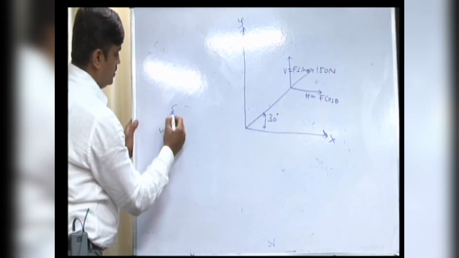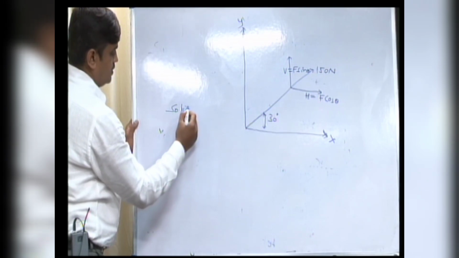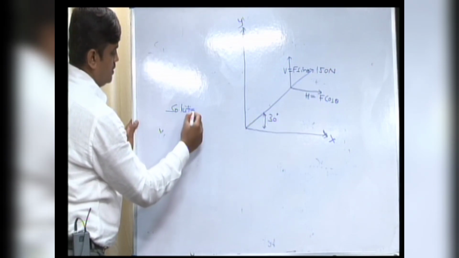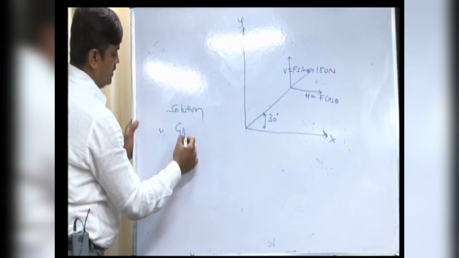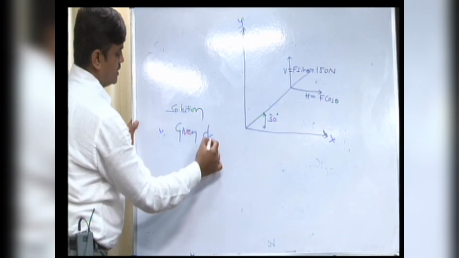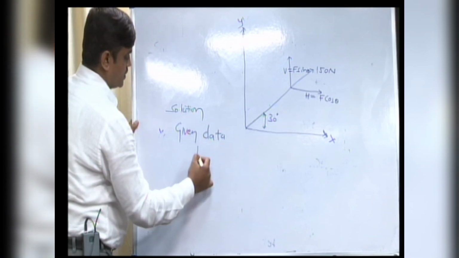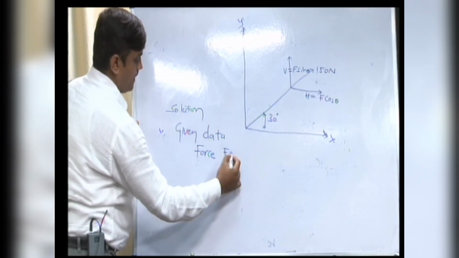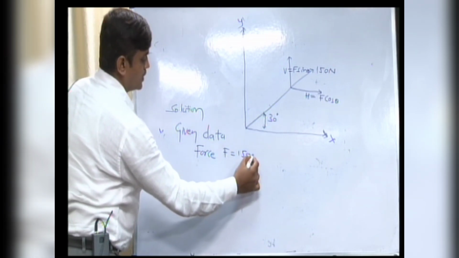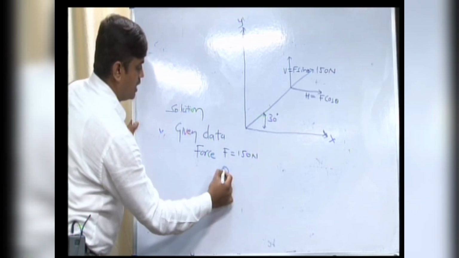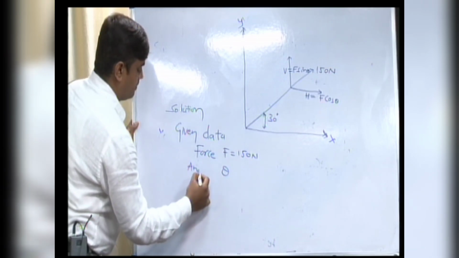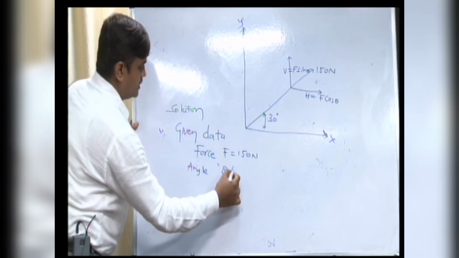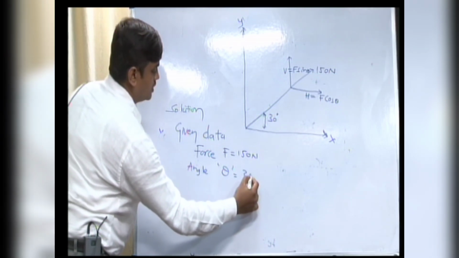Solution. What is the given data? Given data is force F equal to 150 Newton, and the angle made by the force, theta, is equal to 30 degree.